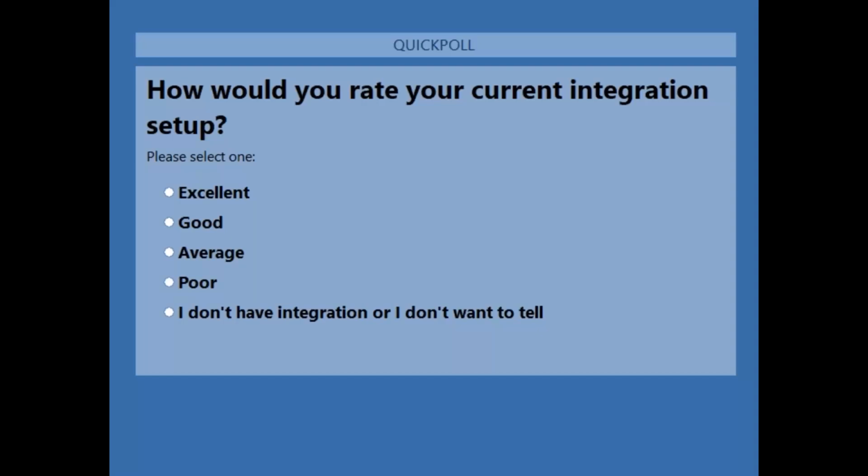Yeah, it seems that people are voting, so again, let's give everyone a few moments to have a chance to vote. Still getting some votes.